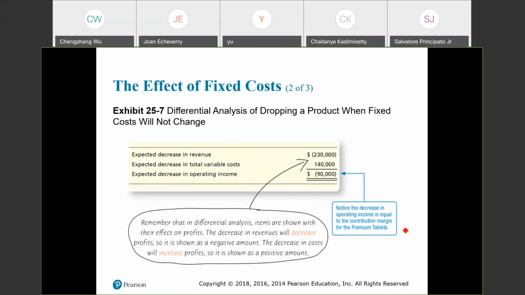A loss of revenue will have a negative effect on your operating income. So we have a pair of brackets around $230,000 here.